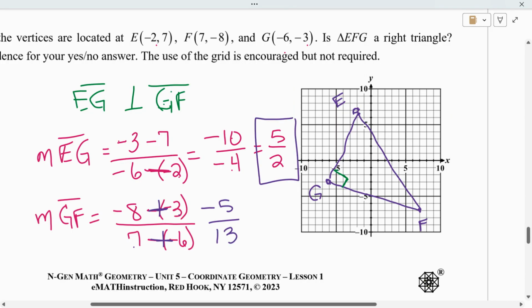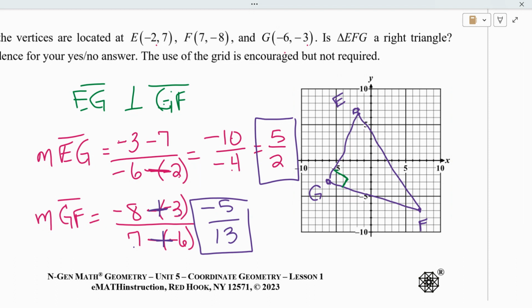So do these two lines produce a right angle because they have perpendicular slopes? Well, no, they don't. They're not perpendicular. This line has a slope of up 5 over 2: up 1, 2, 3, 4, 5, over 2.